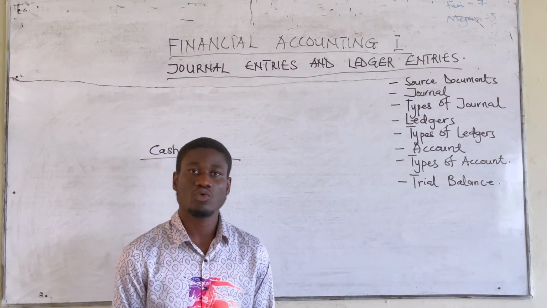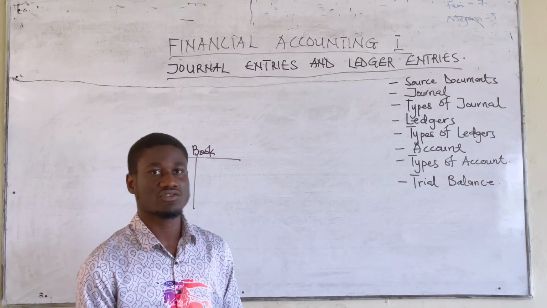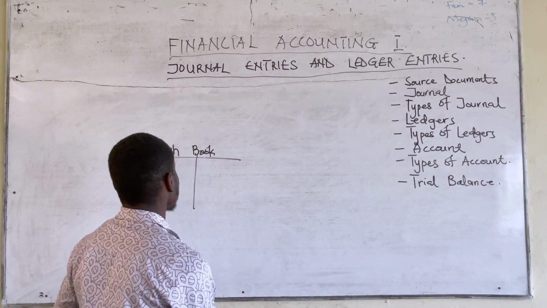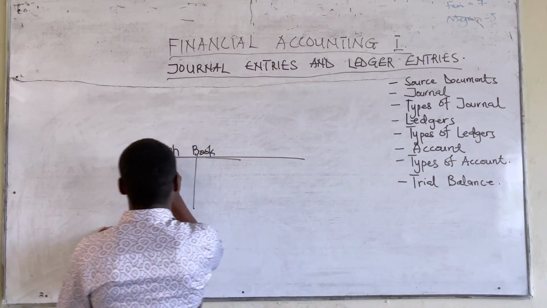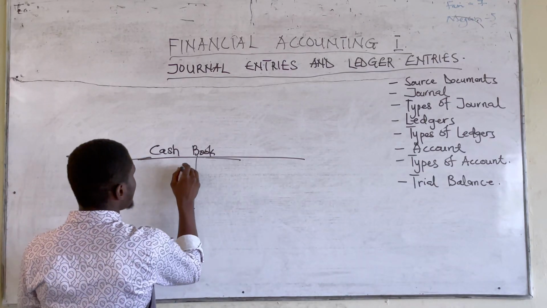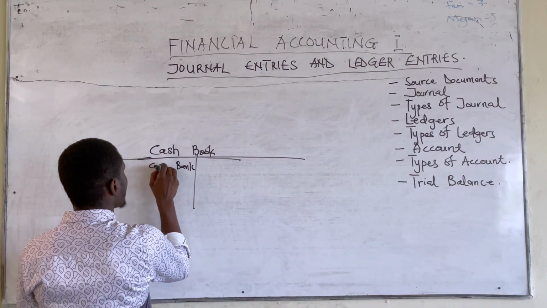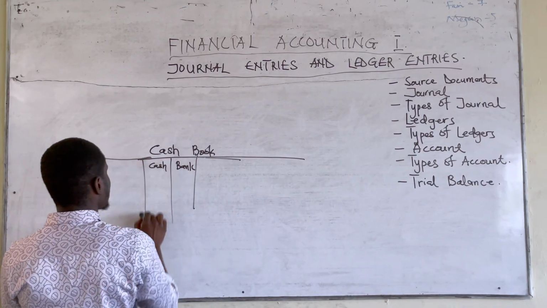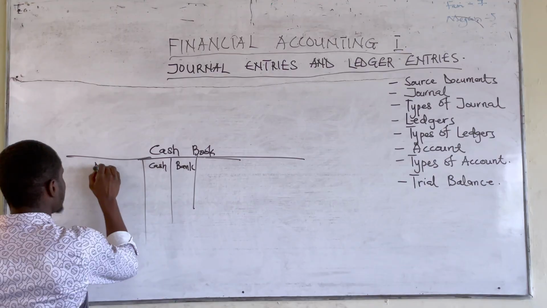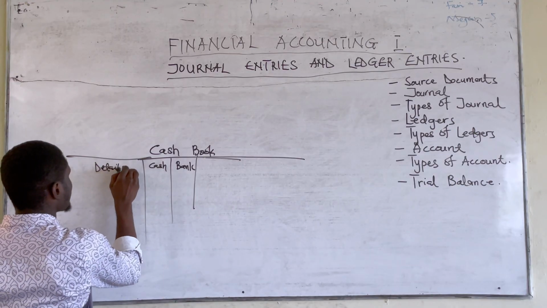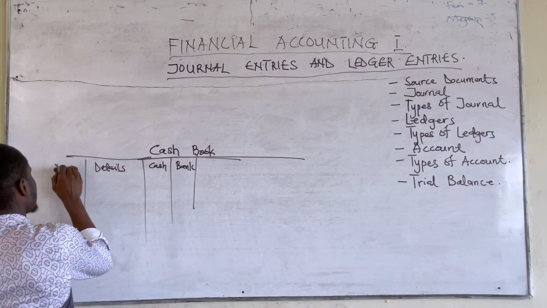The two column cash book records both the cash and bank transactions. Okay, so it's something like this. Then we have our bank column here, then our cash column here. Good. Then details or particulars, then our dates.